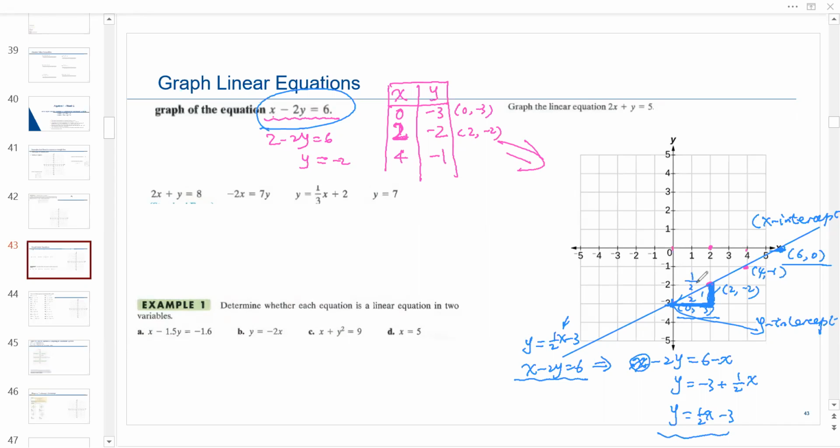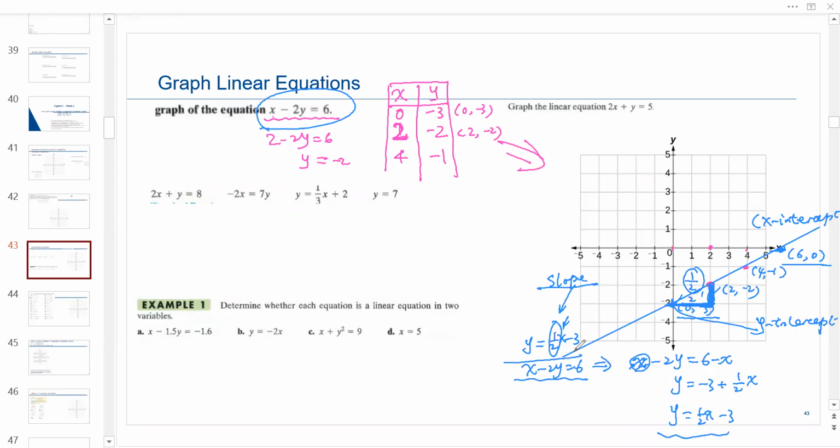So the slope is 1/2, called half. When x increases 1 unit, y increases half a unit. The slope is half.